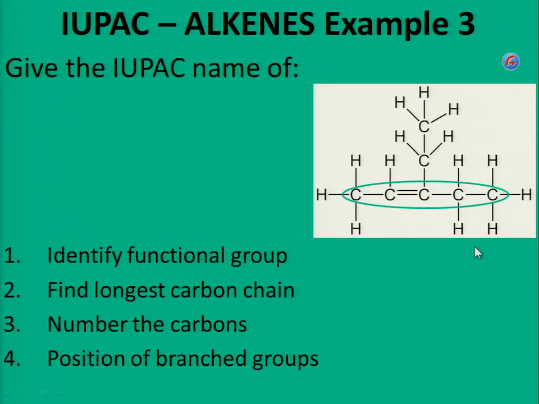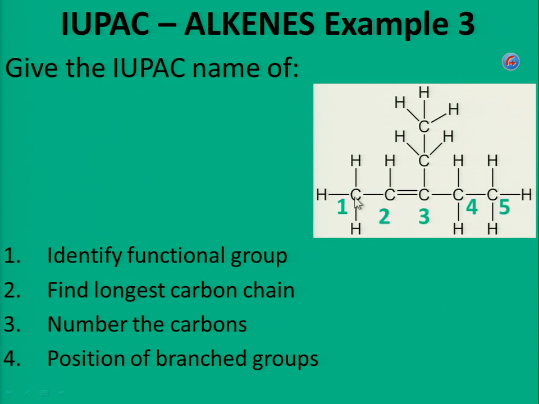Example 3. Give the IUPAC name of this molecule. Identify the functional group. There is a double bond, therefore it must be an alkene. Find the longest carbon chain. 1, 2, 3, 4, 5. So you have 5 carbons in your longest chain.